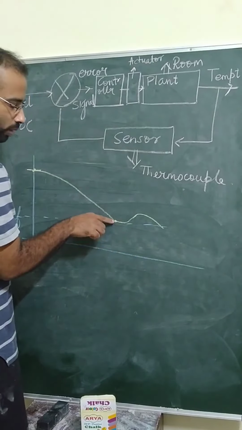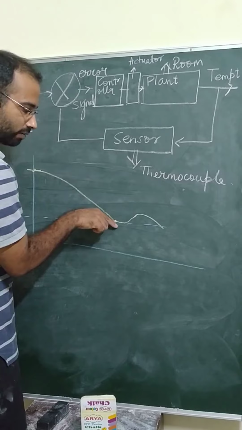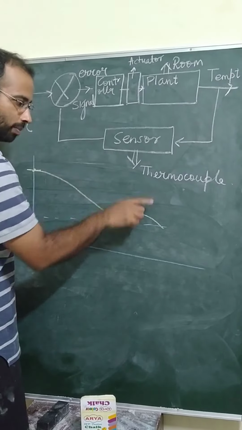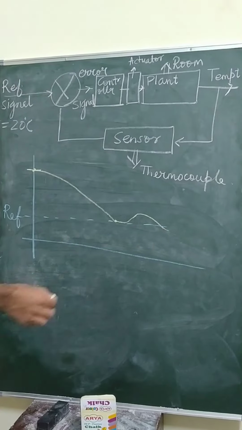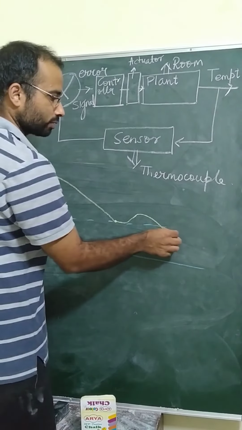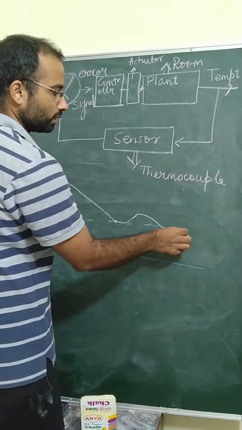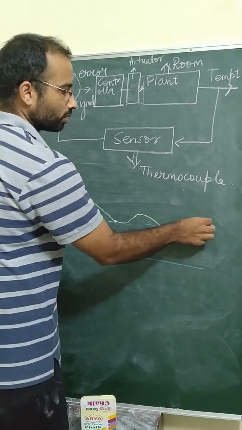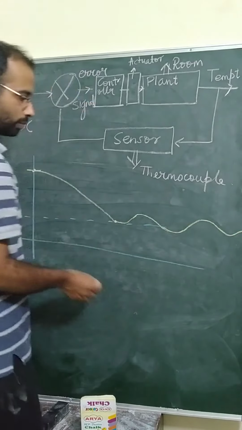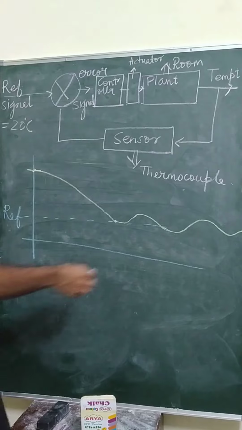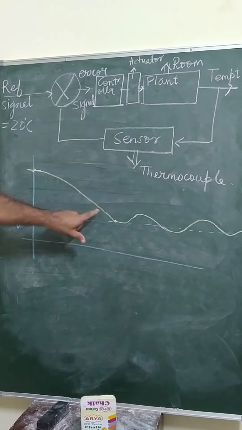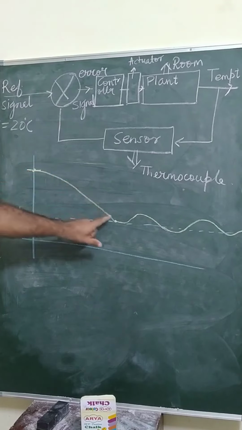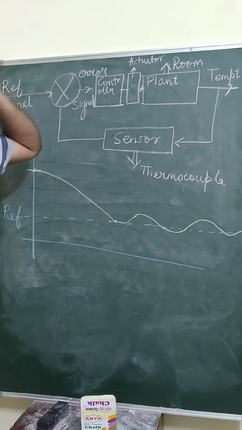Here again I think it has to have some sensitivity. So it might even go down here and then come up. Similarly, depending upon the sensitivity of the thermocouple, it will sense it late, so it might go below 20 and then come up. So this will be the final temperature profile of it. The only thing that I want to show here is how the controller will give a command to the actuator.